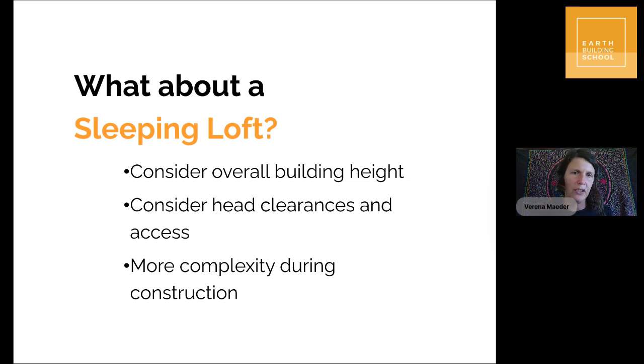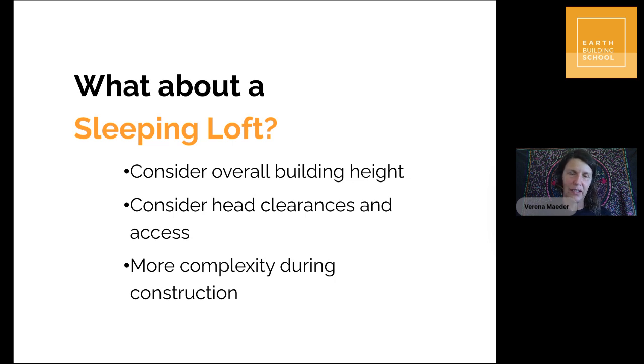Just be aware that depending on where you are, sleeping lofts are a gray area, or they're actually then something that is not exempt. So exempt of building code. So you need to check that if that is legally possible, if you care about the legality of things. But there is definitely a lot of tiny homes with sleeping lofts, both the ones on wheels and the cabin style ones have sleeping lofts.